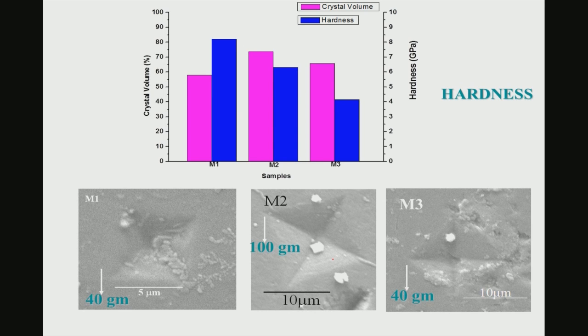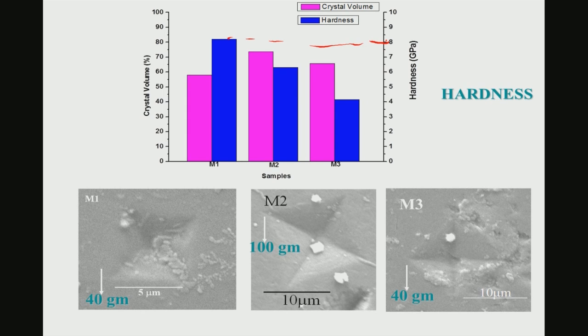Now, in terms of hardness of these materials, the blue ones are the hardness. These materials have a hardness of 8 gigapascal. To give you the relevance of this value, steel, when hardened in the fully martensitic condition, has a hardness of 7 gigapascal.